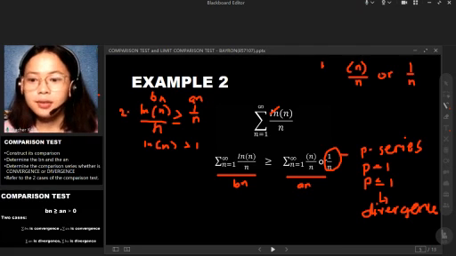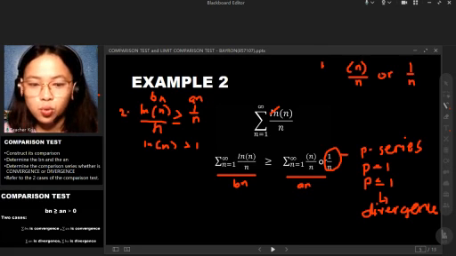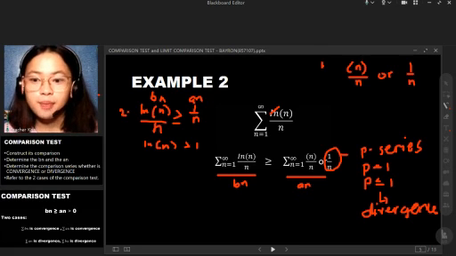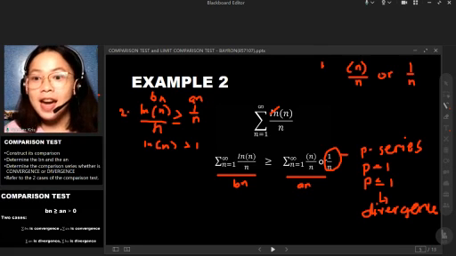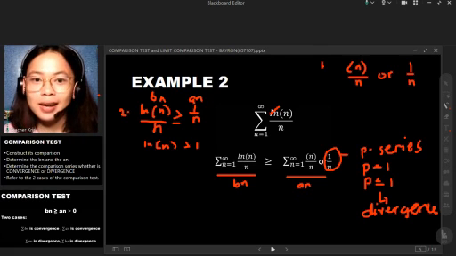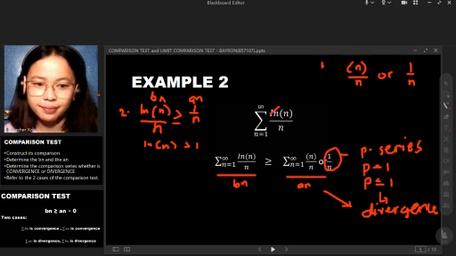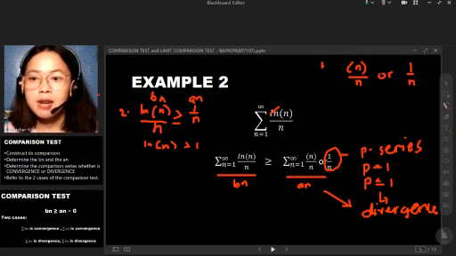So now we're going to refer to the two cases of the comparison test. So our small sequence was divergence. Take note that our small sequence was divergent.